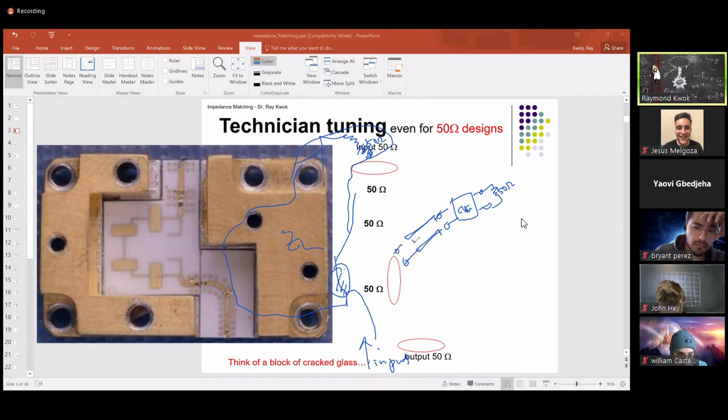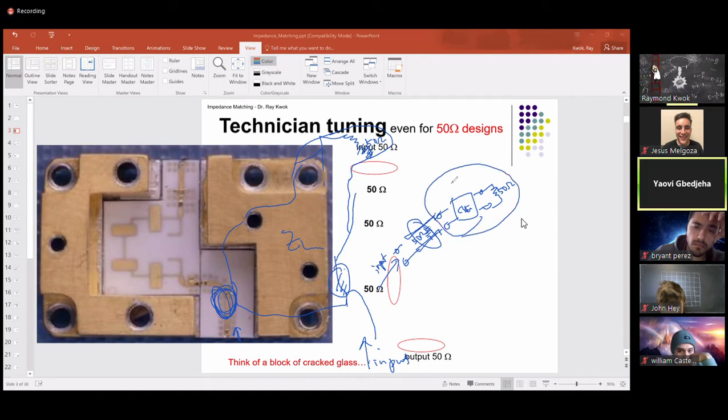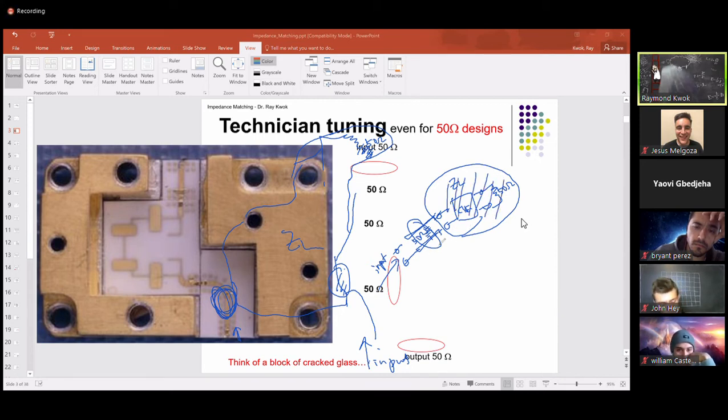Looking in here, from the bottom end, I'm going to call that input. I want the technician to slide a capacitor somewhere along the transmission line. This whole thing together I'm going to call Z load, because I don't really care what that is. By sliding the capacitor, the stub on the transmission line, now looking into here, I see 50 ohms.